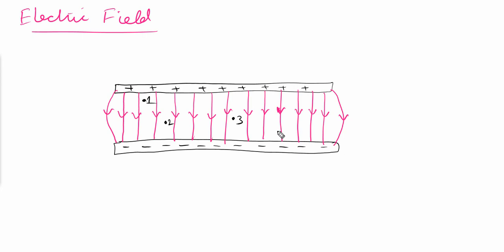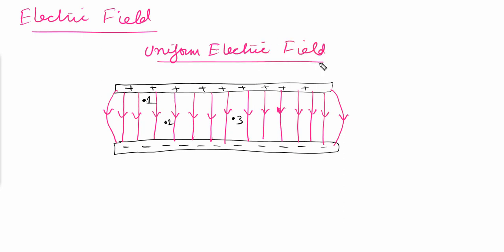So this is the concept of the uniform electric field. This electric field will be considered the uniform electric field, and the field that I drew before was the non-uniform electric field.